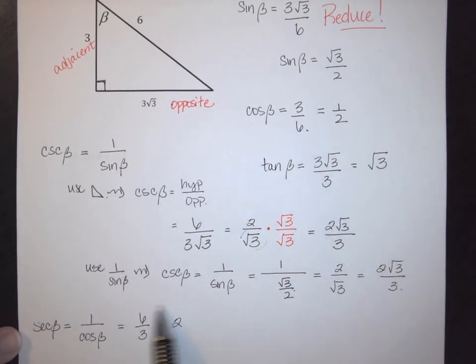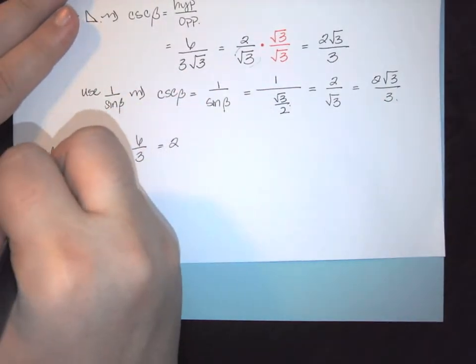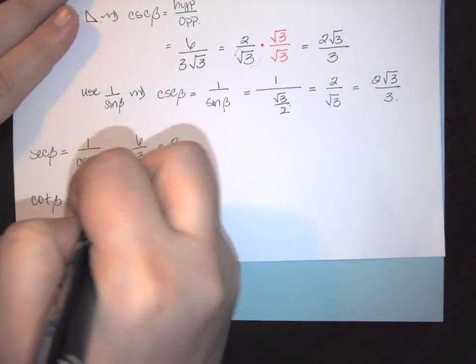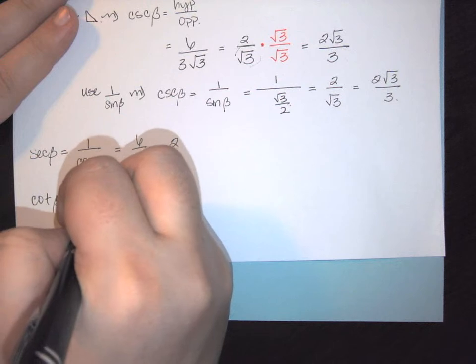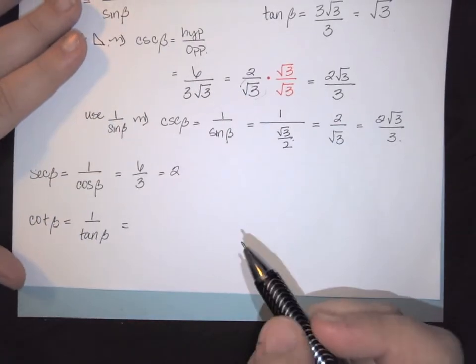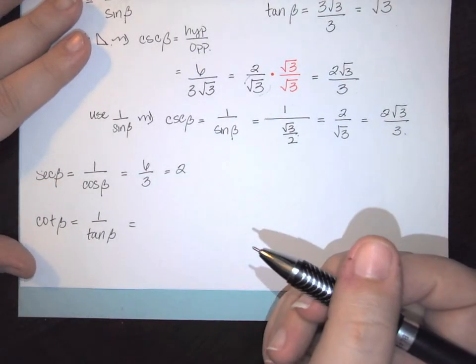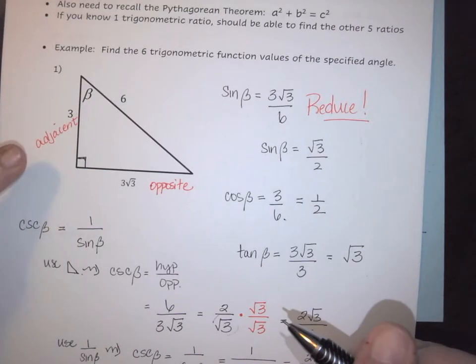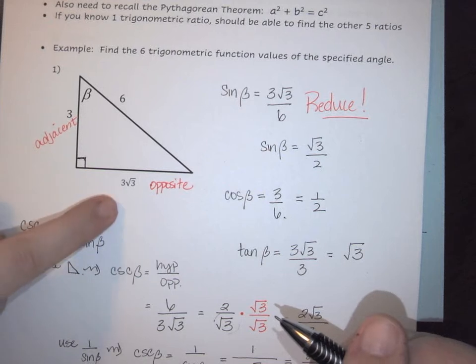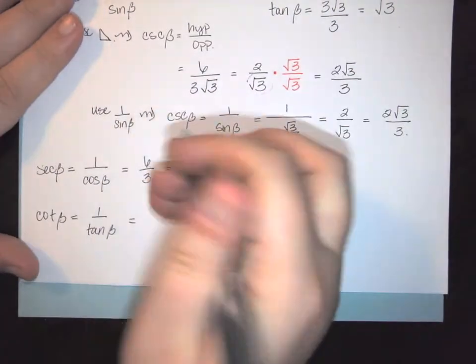Reduce that down, and you still end up with 2. Now the last one we have is the cotangent of beta. Again, it is the same as 1 over the tangent of beta, which in this case, my tangent is opposite over adjacent, so the cotangent is adjacent over opposite. So we would have 3 over 3 square roots of 3.